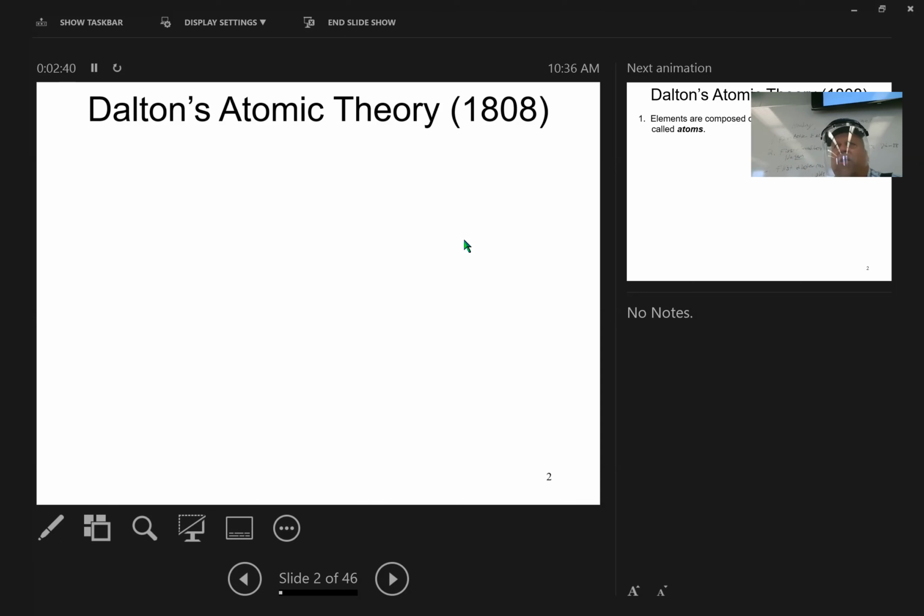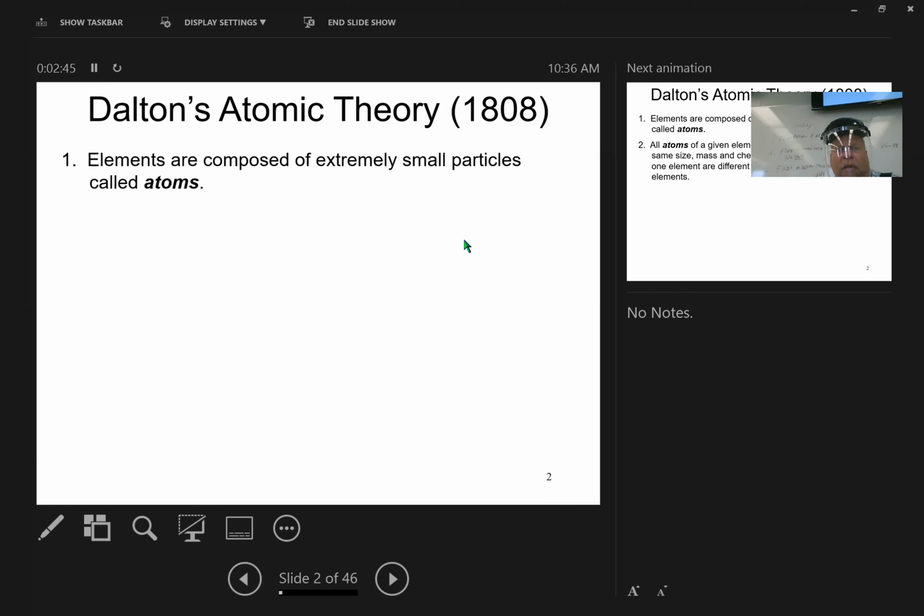So Dalton and others were trying to think about what was the fundamental unit of that. And so the first one he came up with: the elements are composed of extremely small particles called atoms, okay?